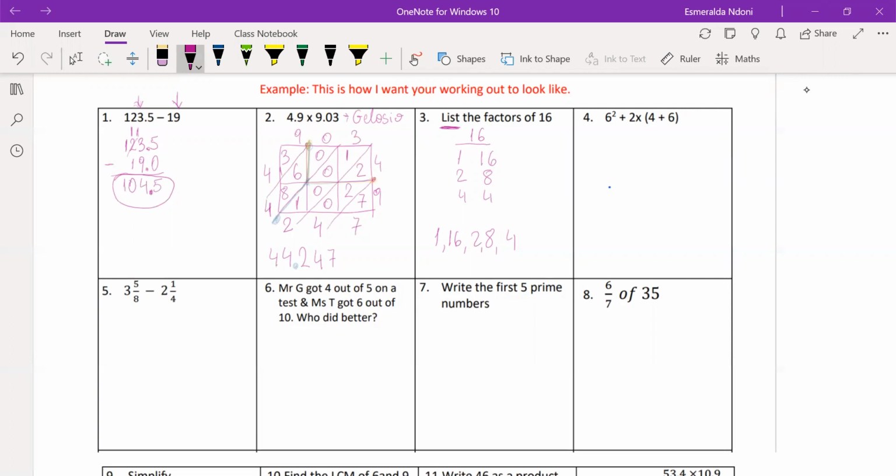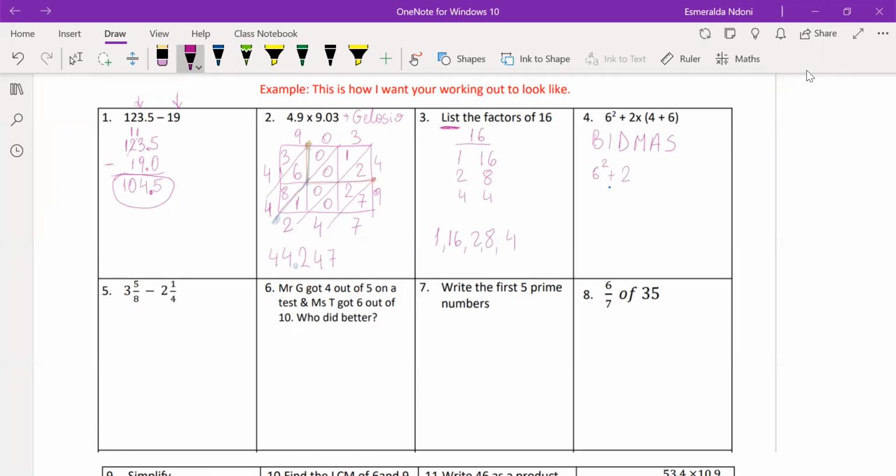Question 4. This is loads of operations in here, so we need to be very careful of BIDMAS. Sorry, my cat is meowing. Okay, so BIDMAS, we got brackets, so everything else stays as it is.